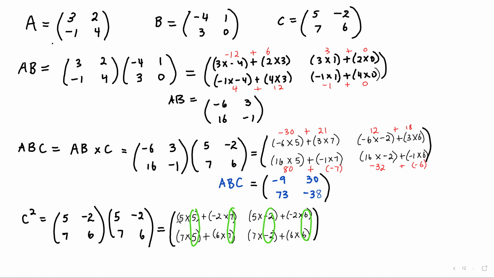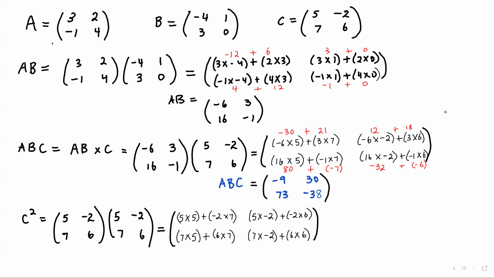And also the other things that are matching would be in the rows, the first numbers. So 5 and 5, -2 and -2, 7, 7, 6, 6, right? So those are some of the indicators that I use while I'm doing the question to make sure I'm doing the correct thing.